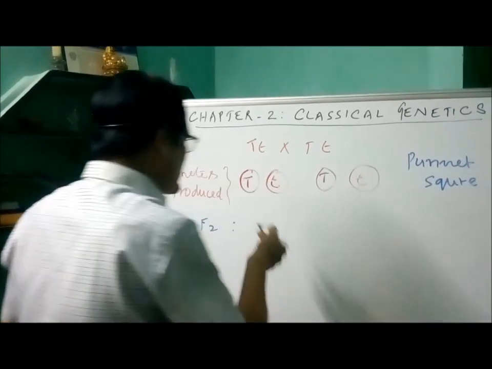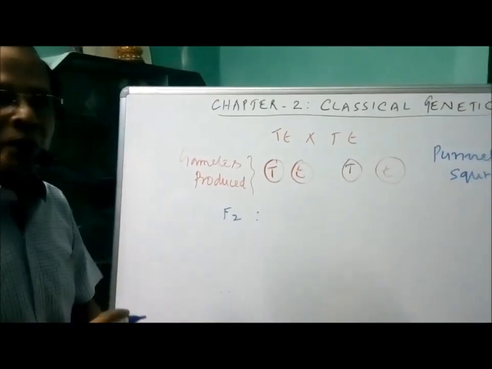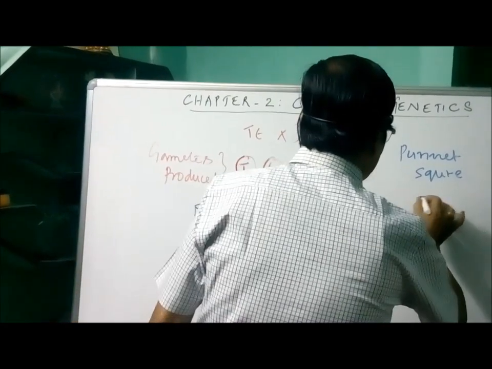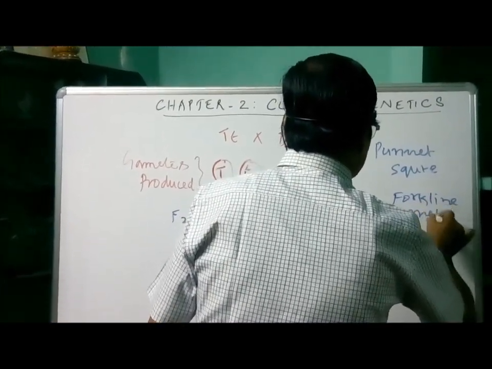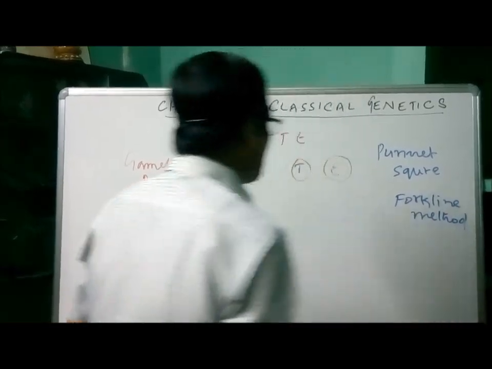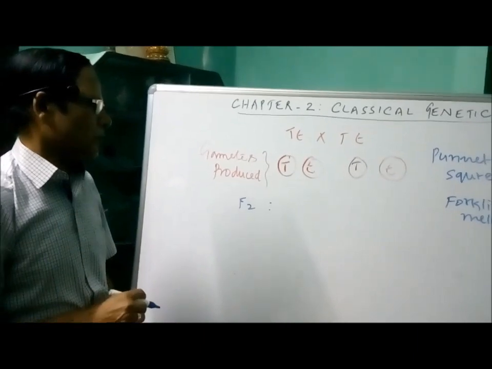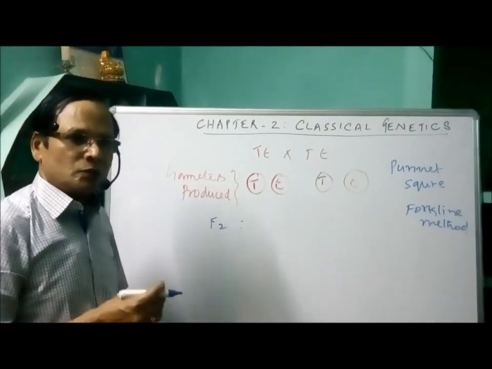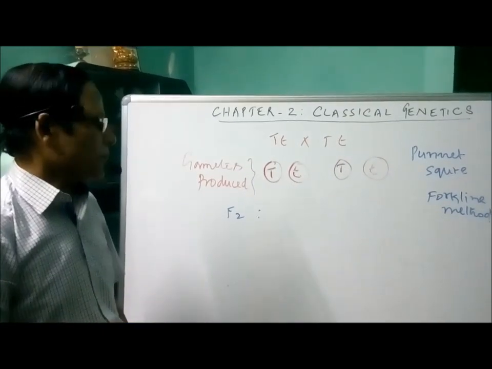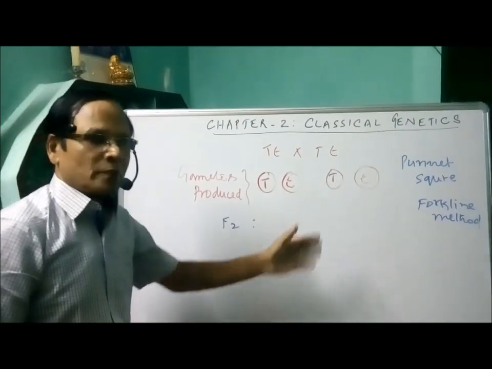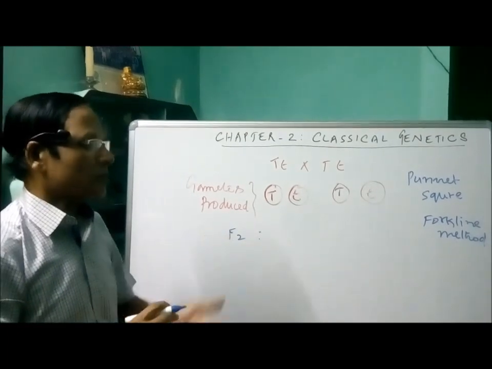So we can represent the products of F2 either in the form of a Punnett square or the four-line method. The phenotypes and genotypes of the F2 progeny resulting from the union of gametes during fertilization can be explained clearly by a Punnett square or four-line method.